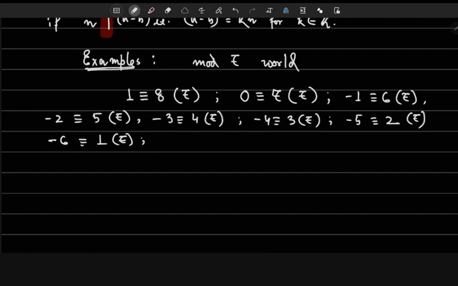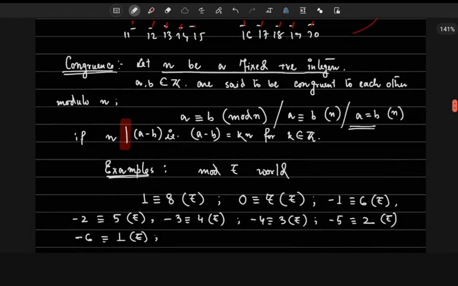Similarly, minus 7 is congruent to 0 mod 7. So I hope this is clear. If not, then try to figure out using this definition.